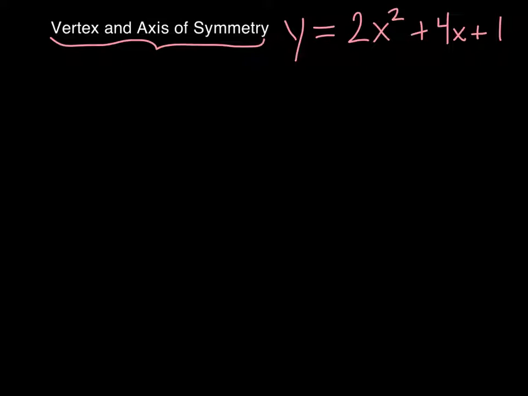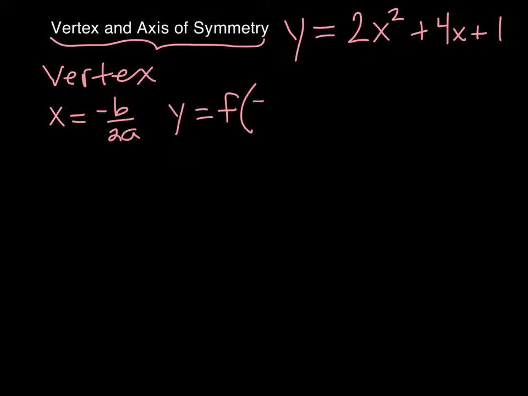So let's take a look at y equals 2x squared plus 4x plus 1. We have a formula for both the vertex and the axis of symmetry. For the vertex, the x-coordinate is going to be negative b over 2a, and the y-coordinate is going to be the function value evaluated at negative b over 2a.